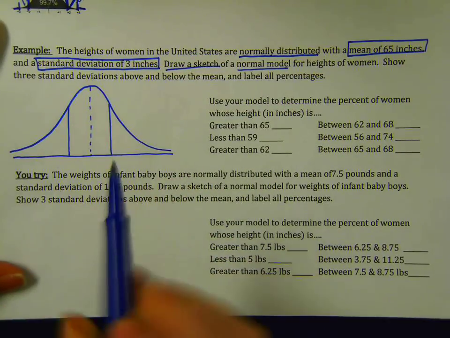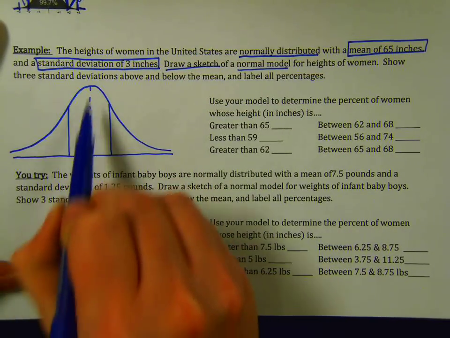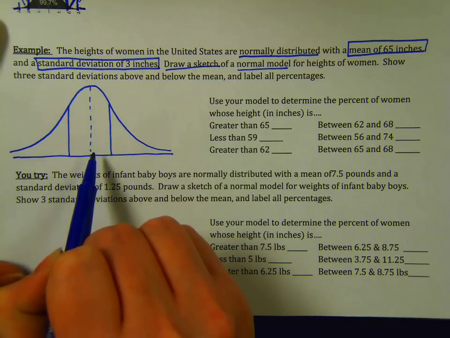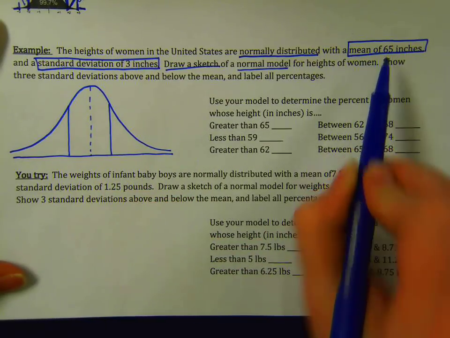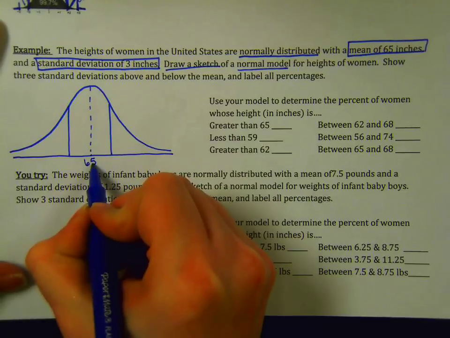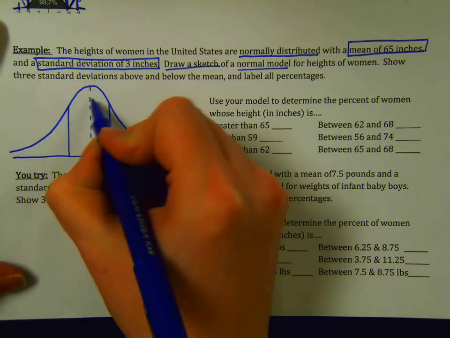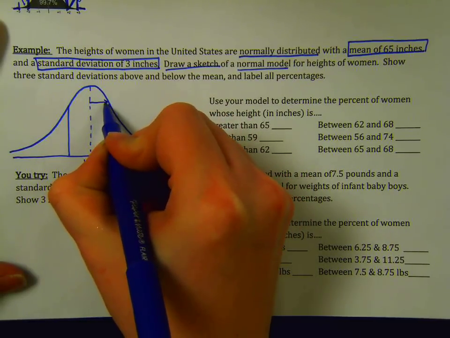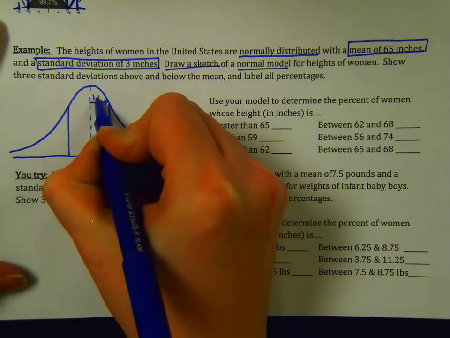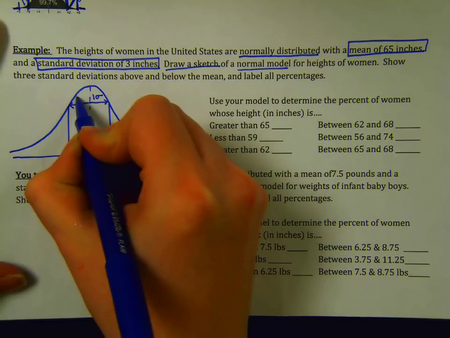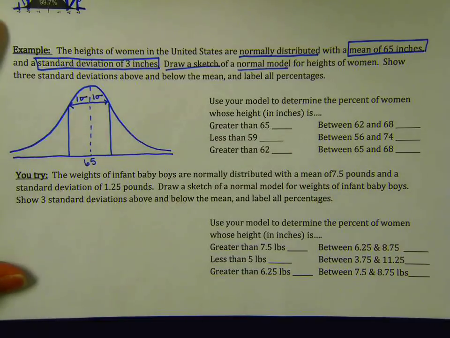So that's the center of my data. Mean, median, that should all be right in here because it's symmetric. So the mean is 65 inches, so right under here, I'm putting 65. This section right here is 1 standard deviation. Same with this section over here, 1 standard deviation.